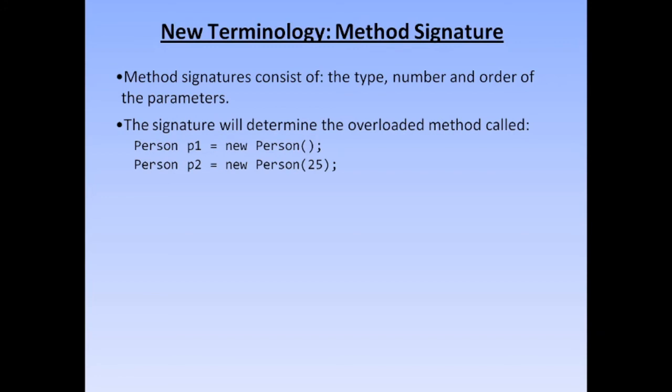The signature will determine the overloaded method called. Whenever a new object is created, it will depend upon the arguments and the types of arguments passed inside the constructor which constructor it is going to call.